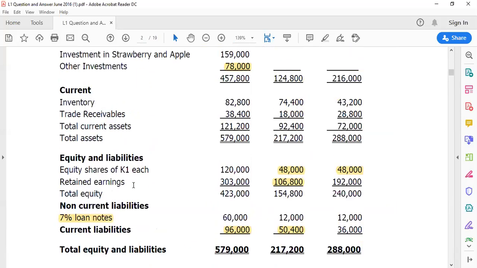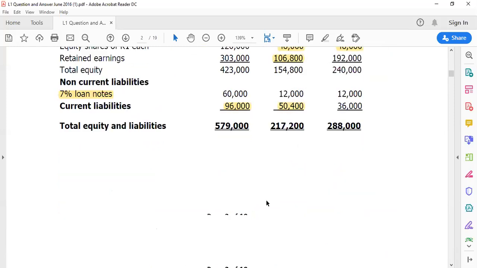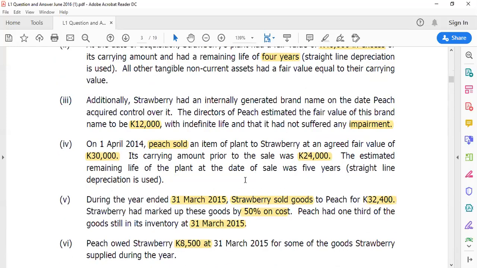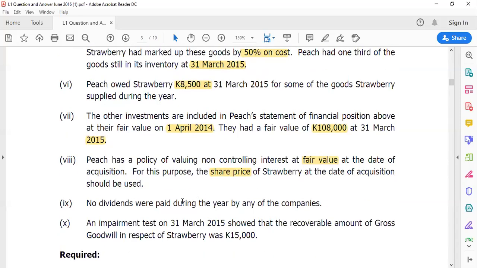We are told that strawberry's share price was 48,000. And from that, what percentage don't we control? 25%. So what do we do with what we don't control? We simply get the 48,000.